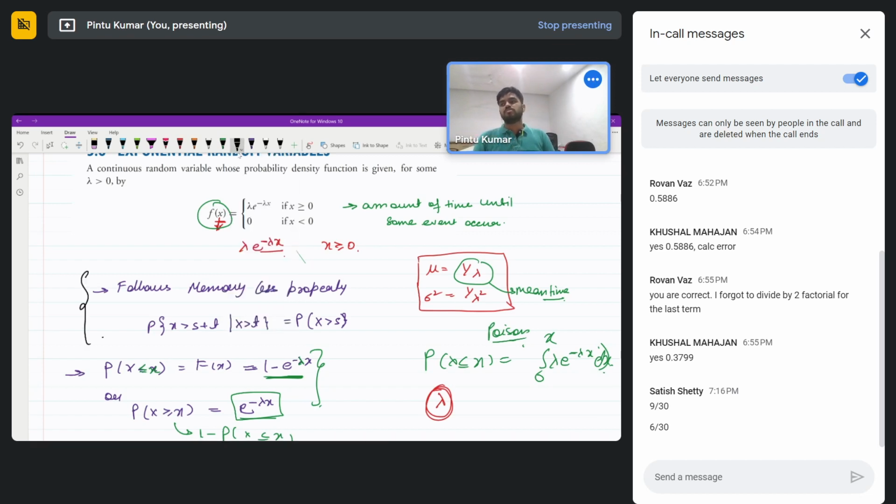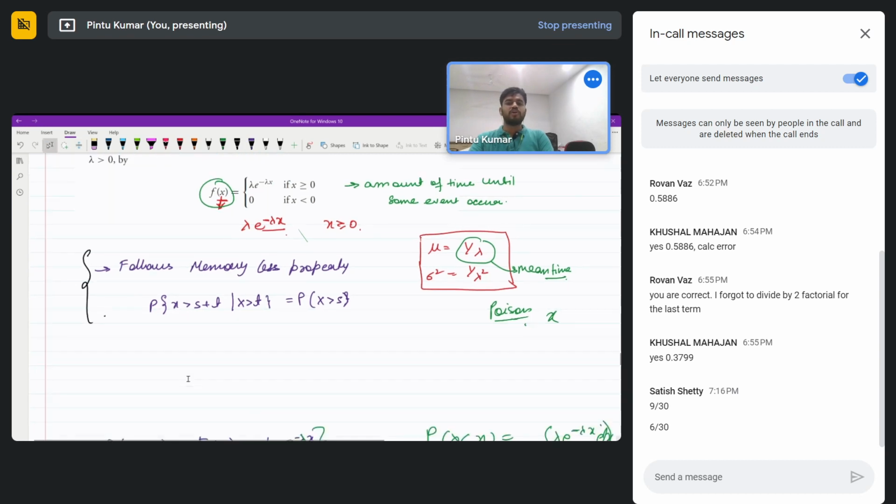So the memoryless property says that, how should I quote it? Okay. So the probability of an event happening after, let's say, what does this mean?